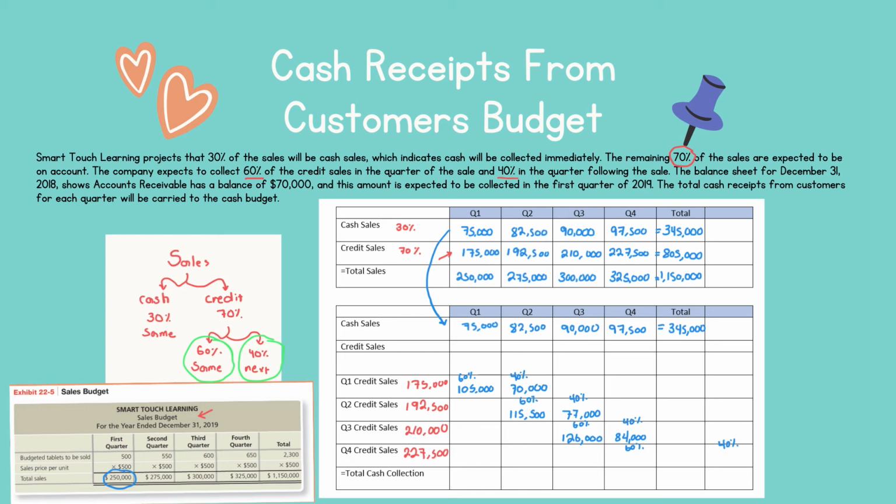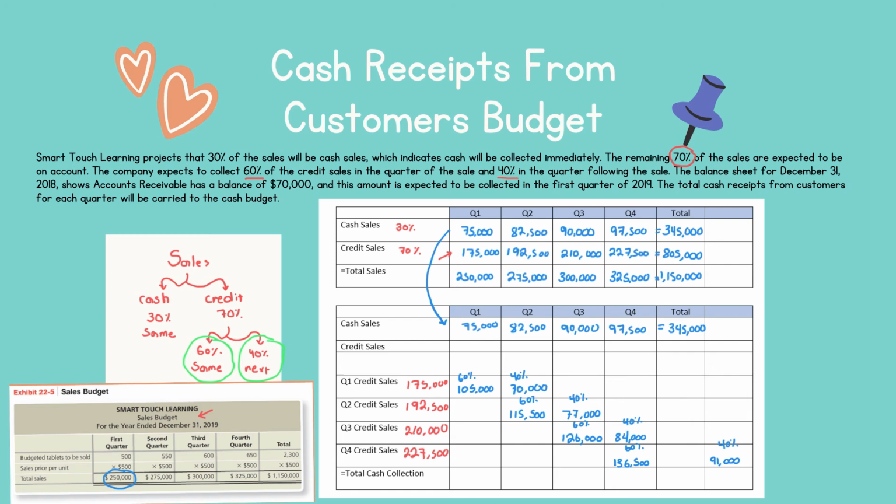Okay, so 60% times 227,500, it's gonna be 136,500. Okay, let me say something now. 40% of 227,500 is 91,000, which is part of quarter 4 credit sales that will be collected in the next year. So I'm gonna receive them later on.